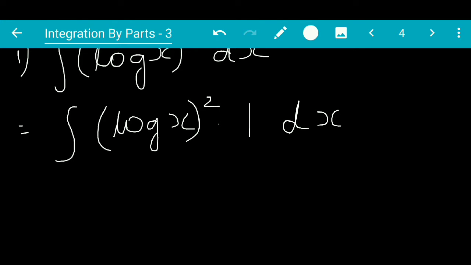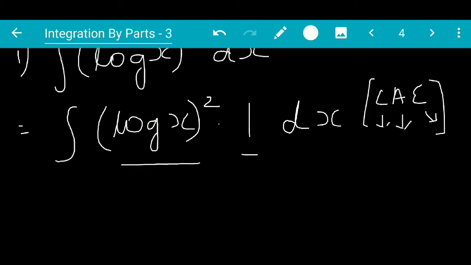Yes, we use this rule, that is LAE, where L stands for logarithmic function, A an algebraic function, and E stands for an exponential function. In this case, we have a logarithmic function log x, and an algebraic function, that is 1. Since L comes first in this acronym LAE, we take log x the whole square as u and 1 becomes v.